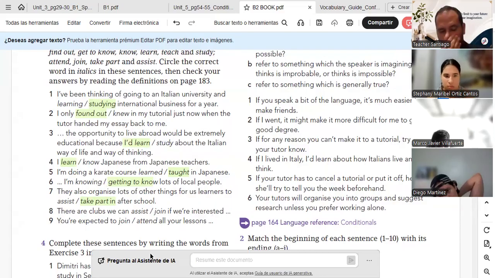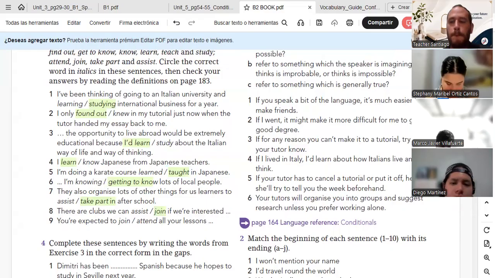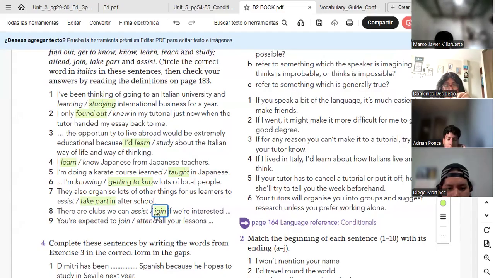Marco, number 8. There are clubs we can join if we're interested. Yes. And finally, Adrian, number 9. You're expected to attend all your lessons. Oh, great, guys. You're on fire.